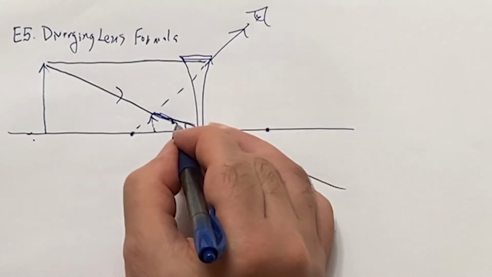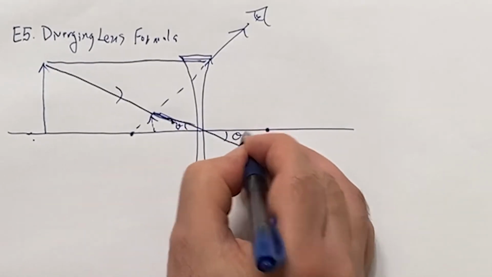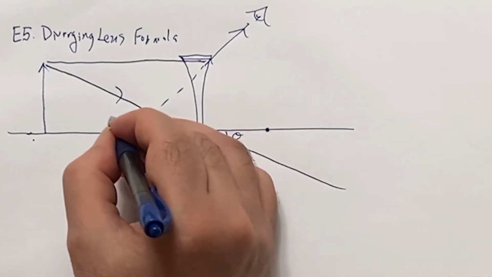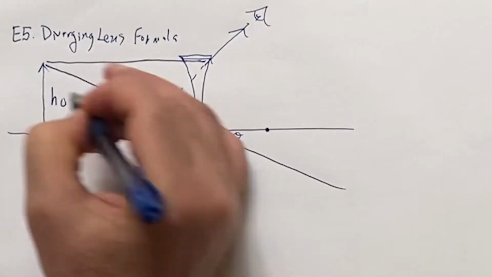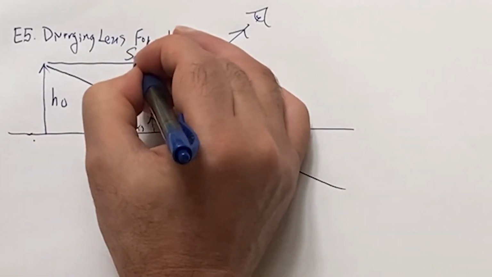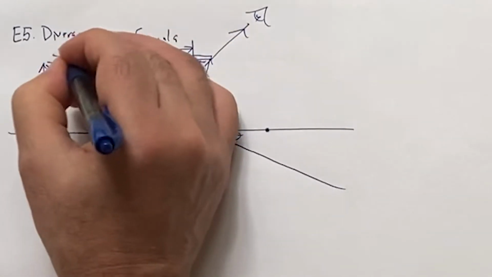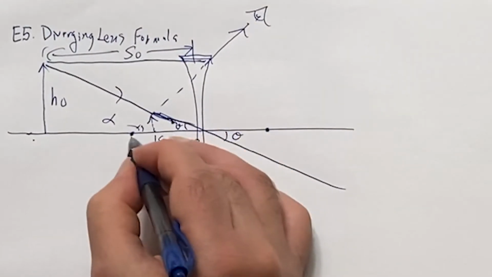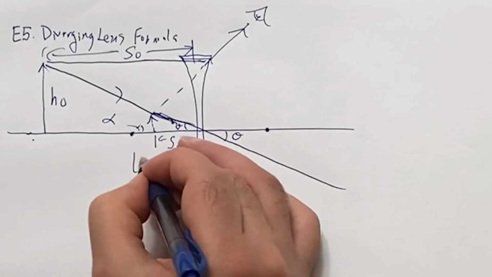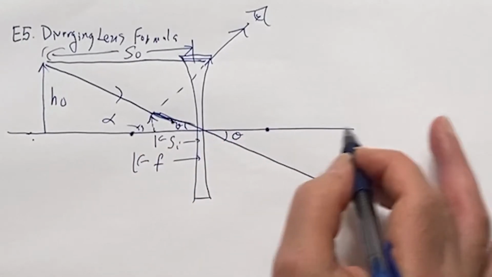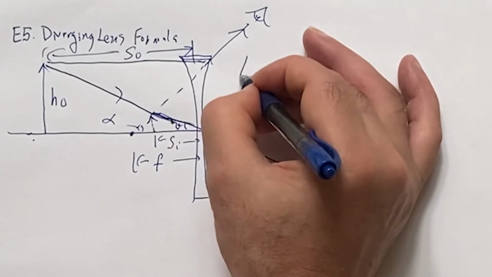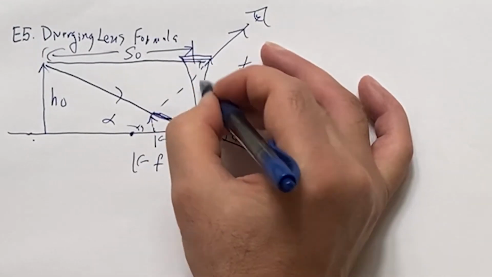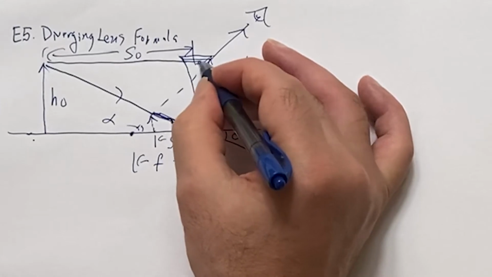We're going to call this angle theta, and this angle will be theta because the lines cross. We'll call this angle in here alpha. This is the height of the object. This is the distance the object is from the lens. This is the distance the image is from the lens, and this is the focal length. So we're all set. We're going to then look at the tangent of alpha as this vertical height here.